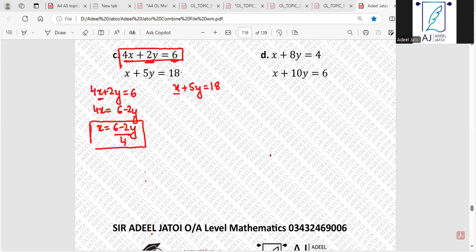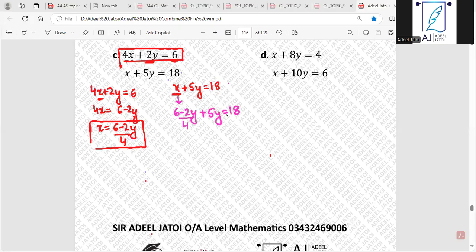So we can substitute in the value of x. So we can write down here 6 minus 2y upon 4 plus 5y equal to 18.